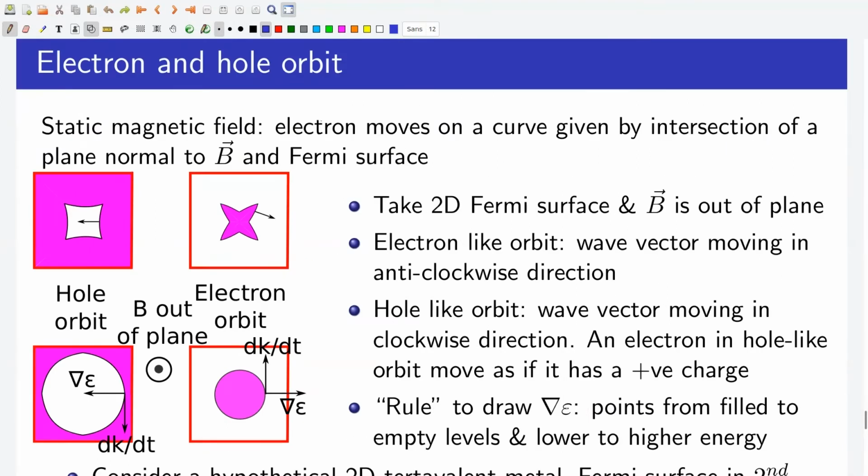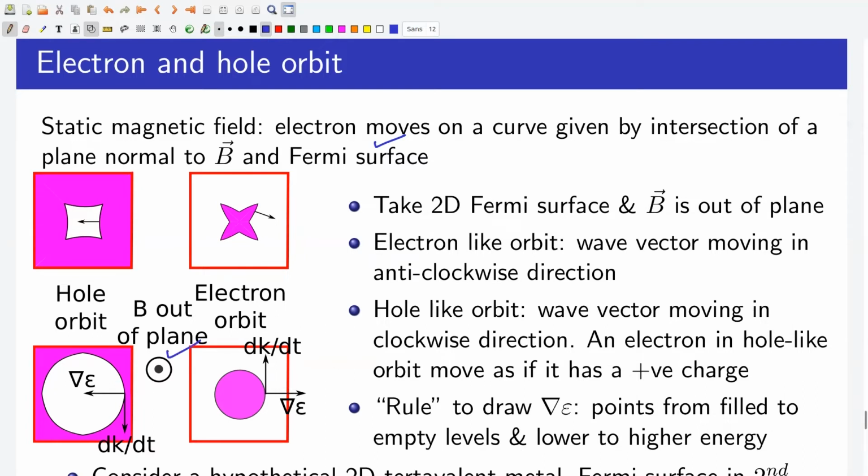We know that in a static magnetic field, electrons move on a curve determined by the intersection of a constant energy surface and a plane perpendicular to the constant energy surface. It makes sense to take the constant energy surface to be the Fermi surface. Let us take a 2D Fermi surface and consider the magnetic field to be out of the plane.